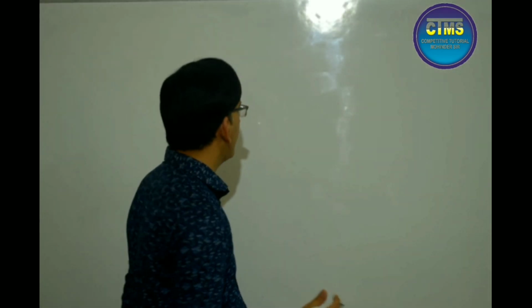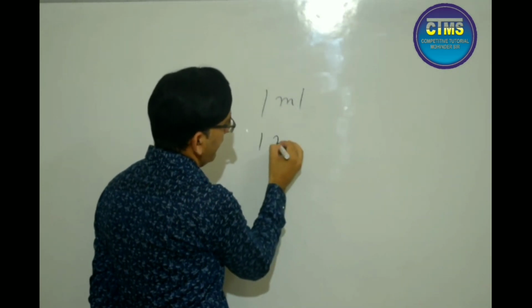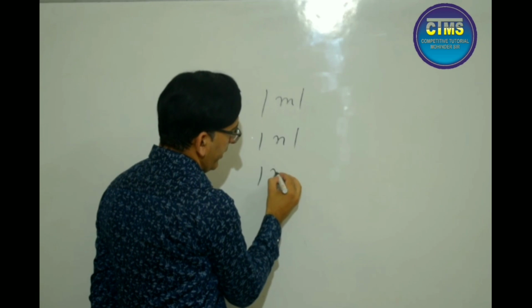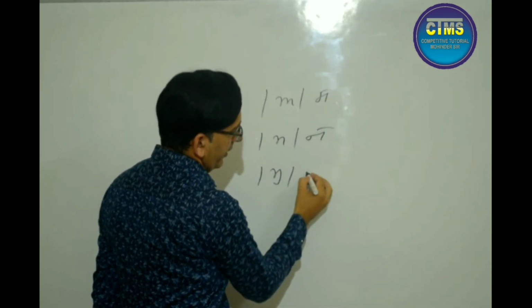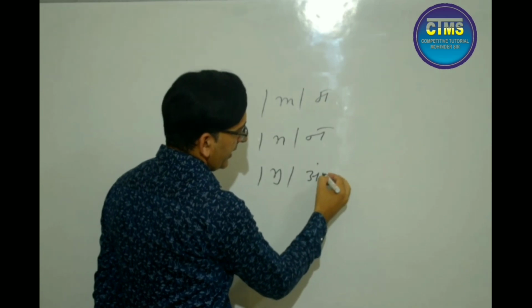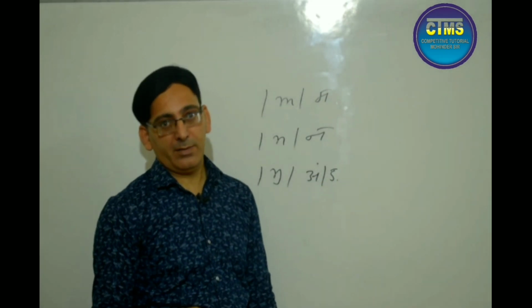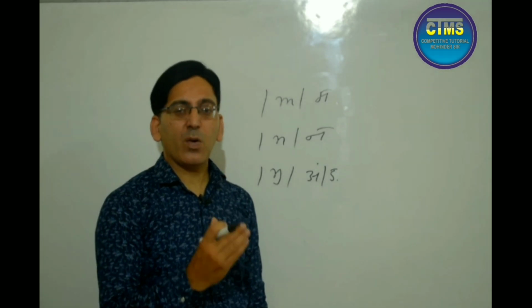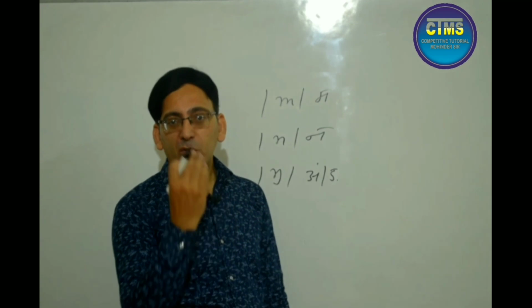Now the next consonant sounds I want to discuss with you are m, n, and ng. These 3 are called nasal sounds because they are produced through the nose.